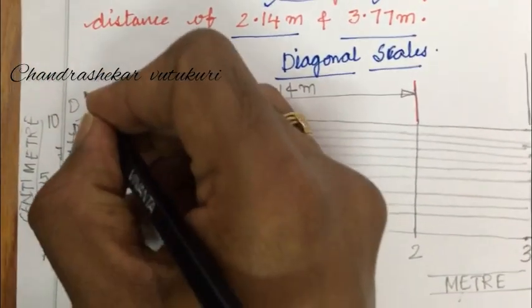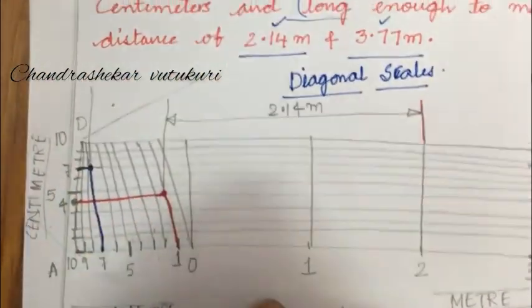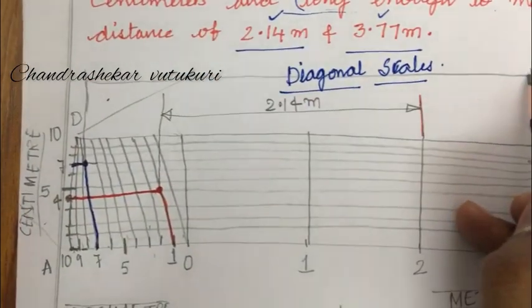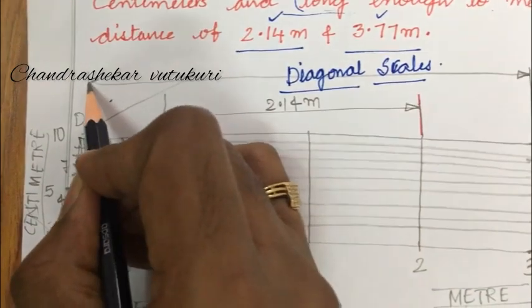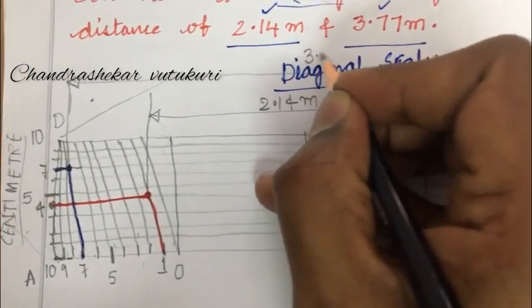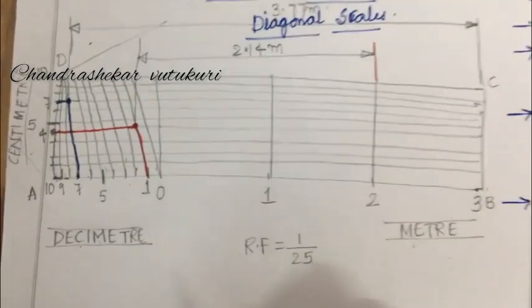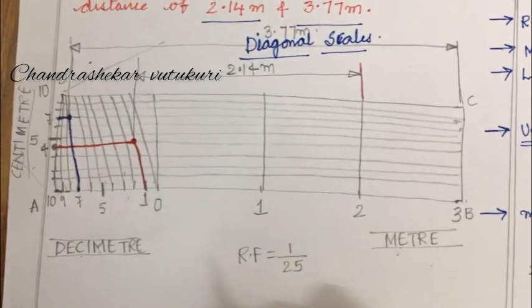Now from this point you are supposed to draw a perpendicular, I mean the dimension line, and mark a distance of 3.77 meter along this. This is how you are supposed to construct a diagonal scale.